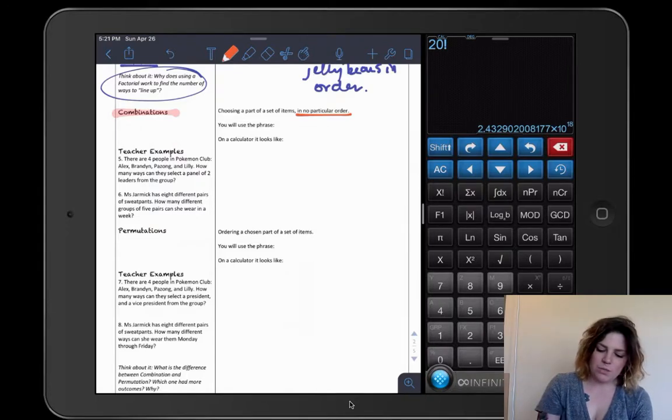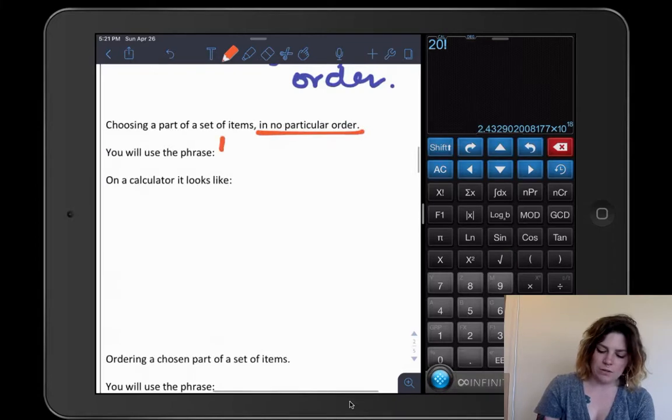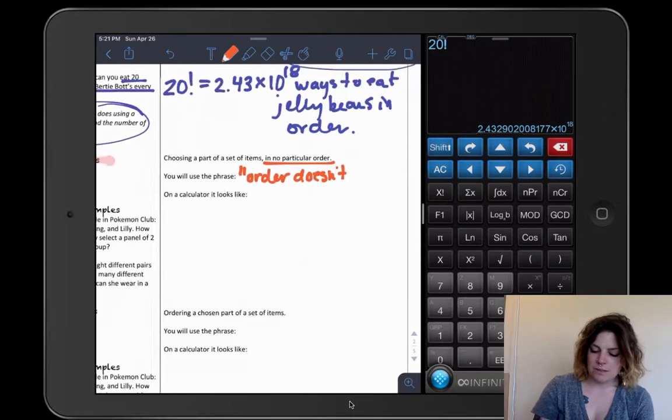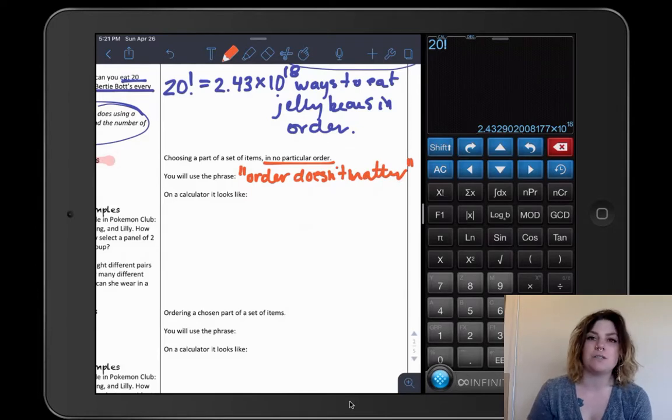You'll see this phrase in a lot of questions: order doesn't matter when you're talking about combinations, okay? On a calculator, it looks different on every calculator, so it's a little bit confusing.